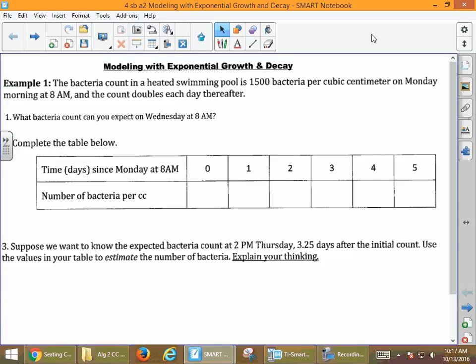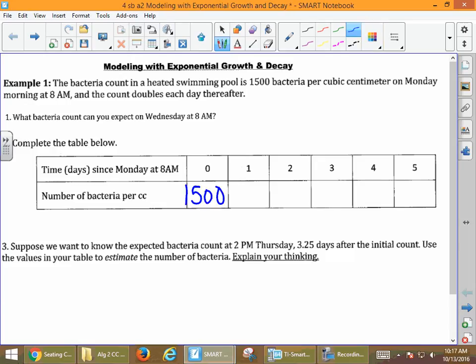At Monday at 8 a.m., we're starting with 1,500 bacteria. And what the problem again says is that the bacteria count doubles every day thereafter. So Tuesday morning at 8 a.m., how much bacteria do we have?